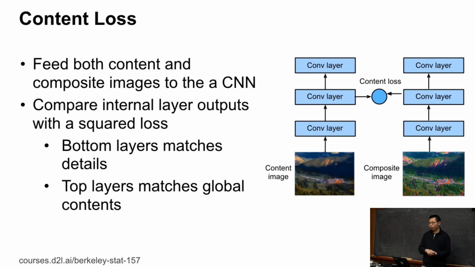In the extreme case, if you just compare the raw pixels, you preserve everything. The top layers match the global content, like global shapes and global objects. So here we choose the middle. We don't want to be too close to the content image, and we also don't want to be very different from it. Okay, choose the middle.